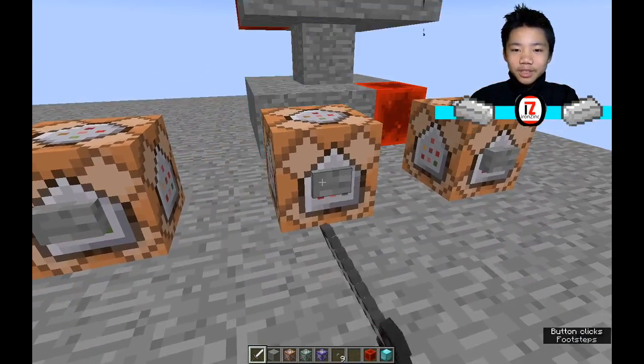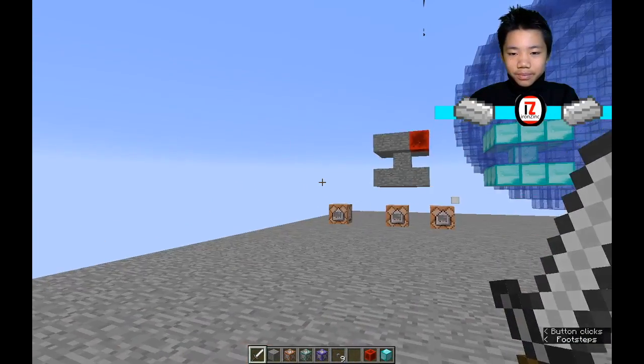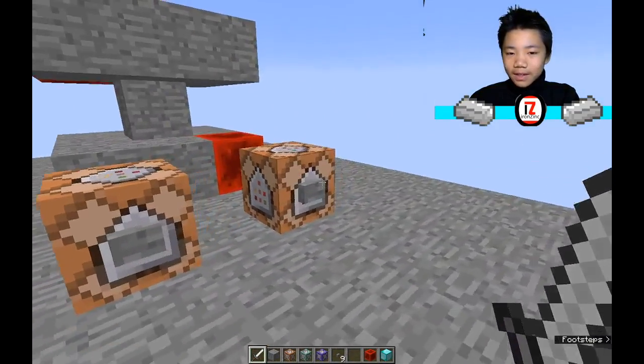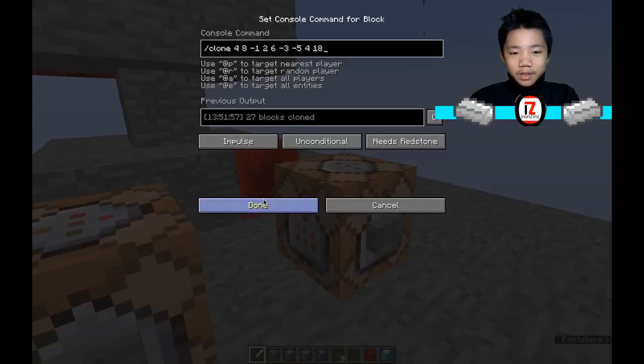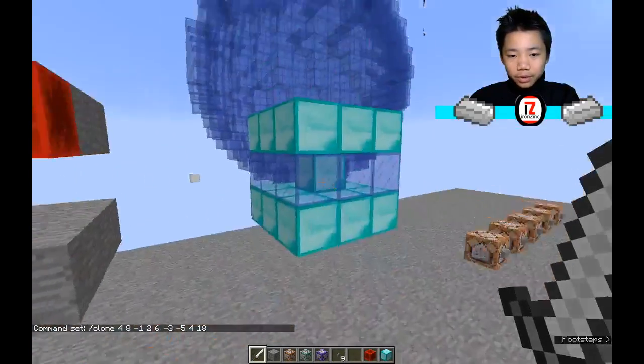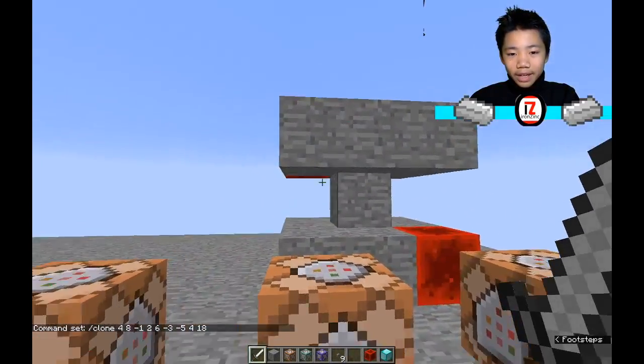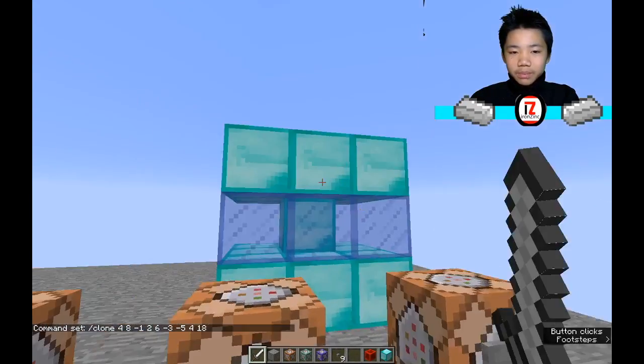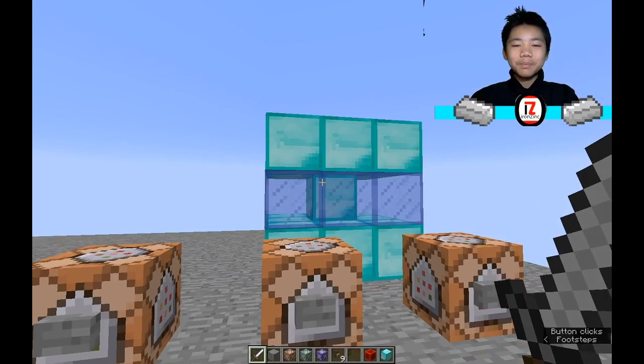Let's see what happens. That structure, exactly like that, was cloned here. And as for this one, I've circled out this whole structure, cloning it right here, also to this block. So it sets us back to this place.